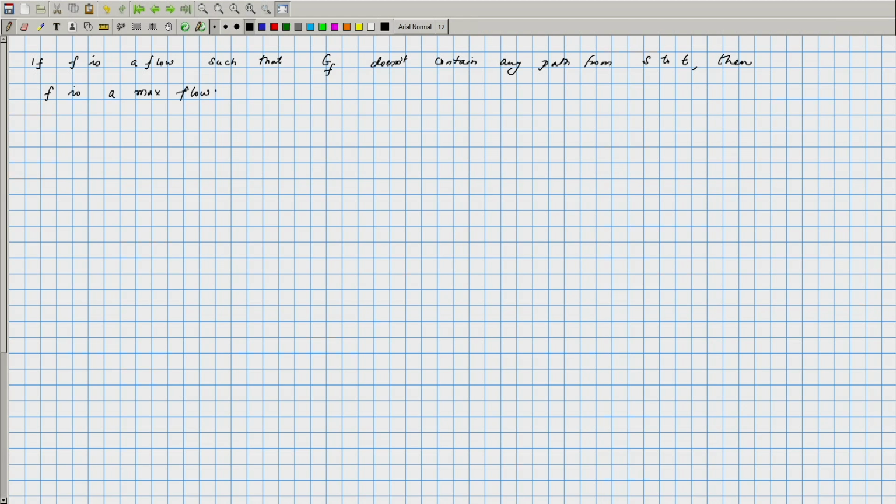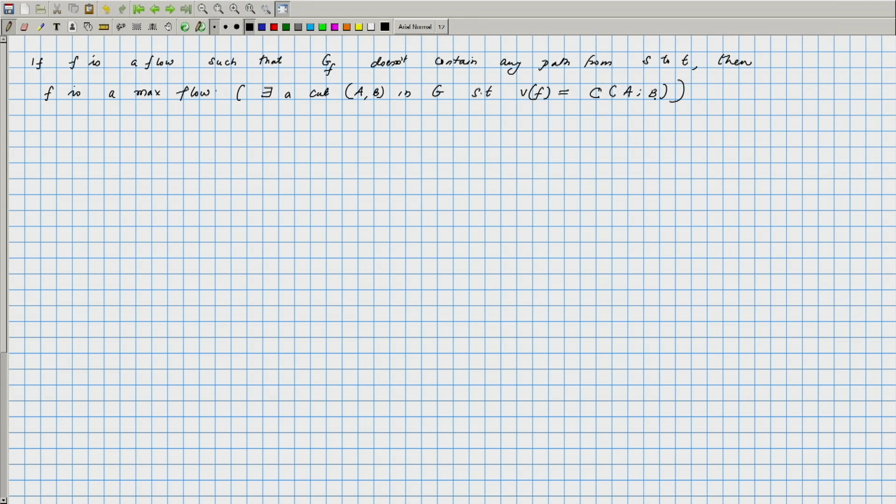That is what we will prove. In order to show that F is a max flow, what we will prove is there exists a cut AB in G such that the value of F is equal to the capacity of this cut AB.